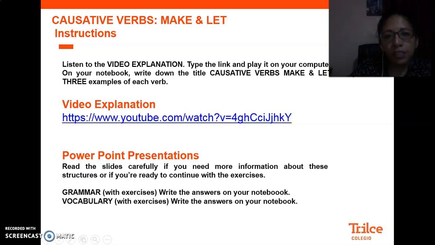Then, while watching the video, you have to write down or copy in your notebooks 3 examples with make and 3 examples with let. Did you get it? Alright, let's watch the video.